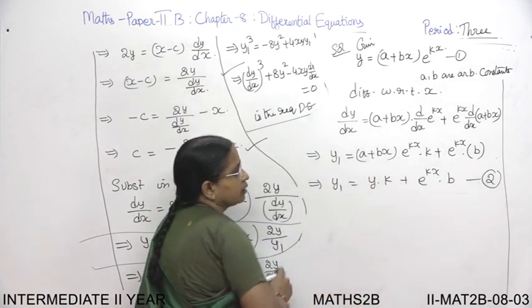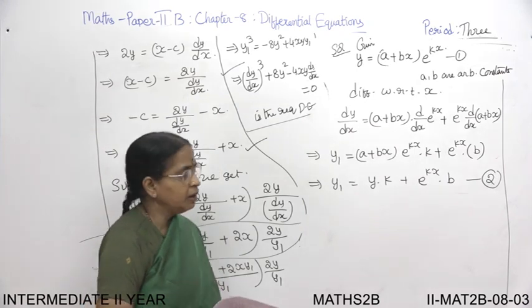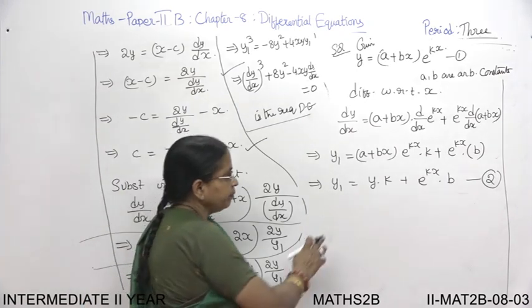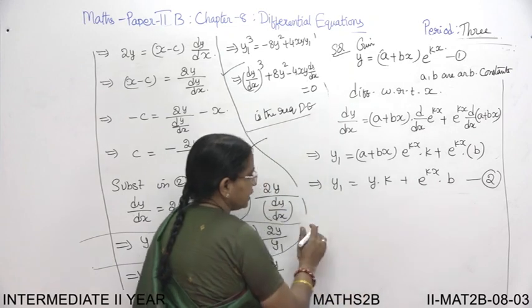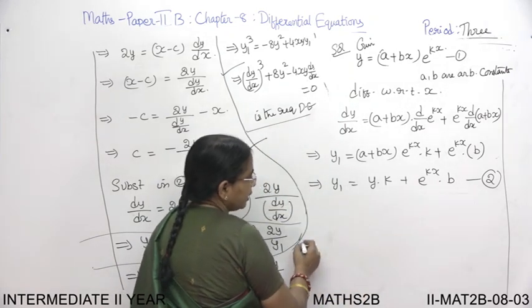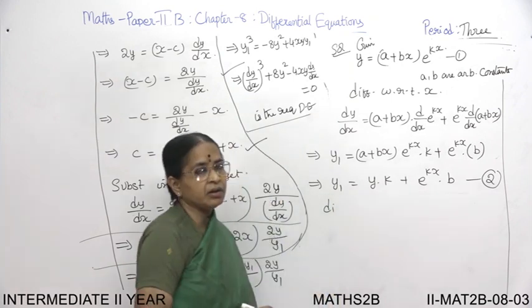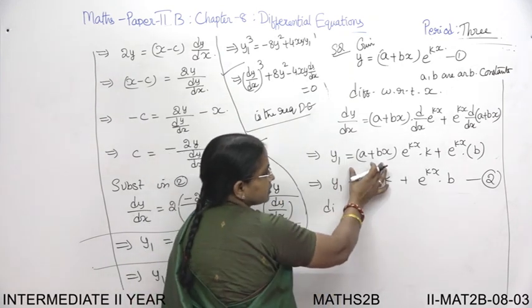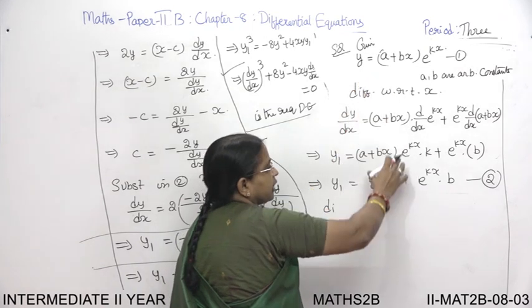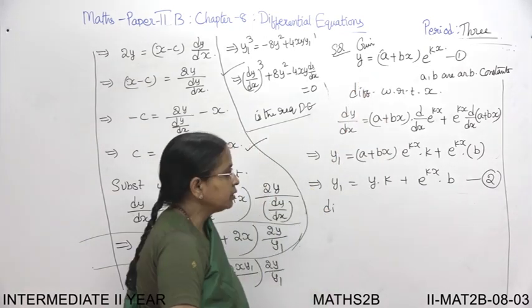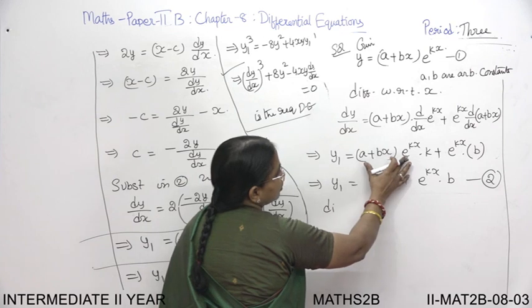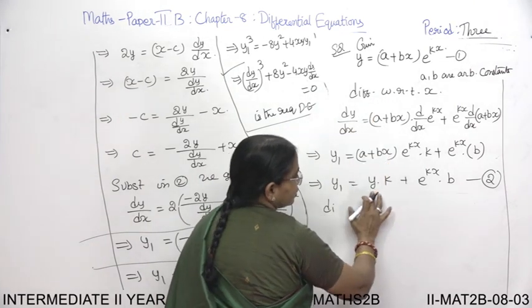So one constant a got eliminated. So if you just eliminate b, you will get the differential equation. So this is another idea that you have to learn when you are finding the first derivative. Especially for e power x problems, we have such ideas. So you can substitute y here.